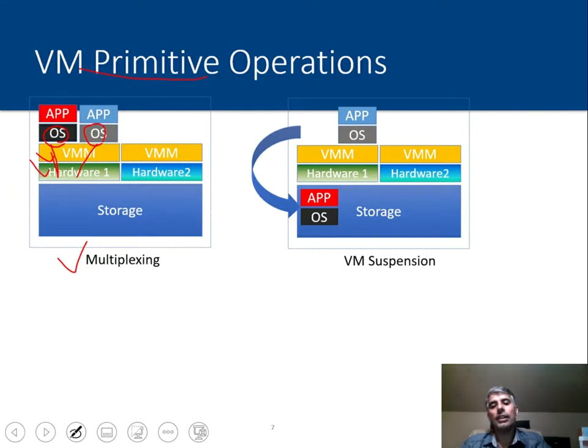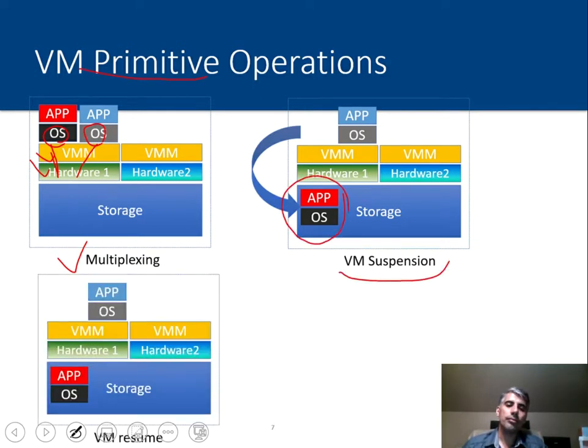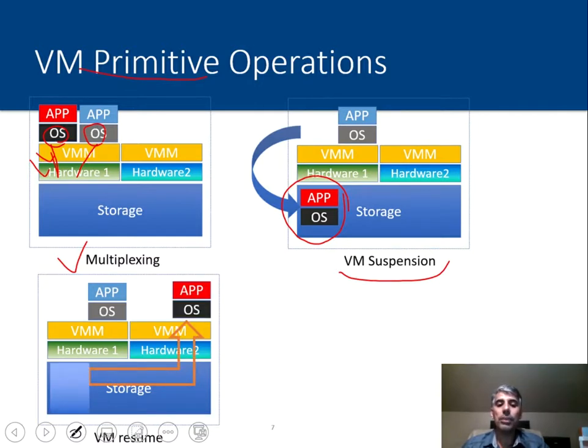All right. And then keep an image of it on the storage, and at a later time, we resume its operation. The resumption of the operating system of the virtual machine can happen either on the same machine, or it can be done on another machine, as we could see in this last figure. In this case, what happens is called migration.